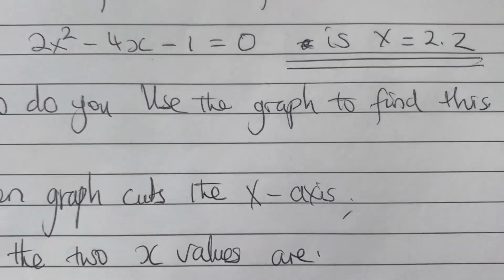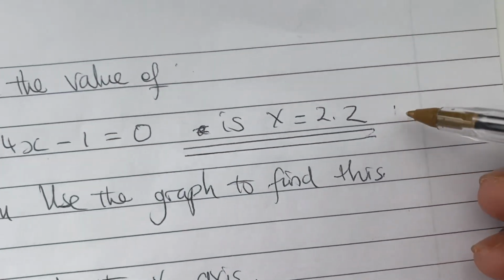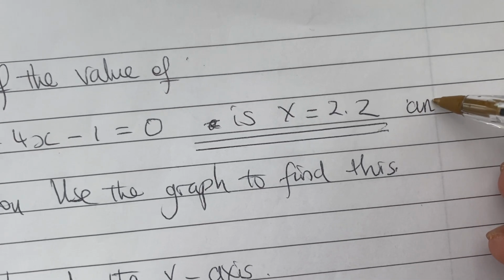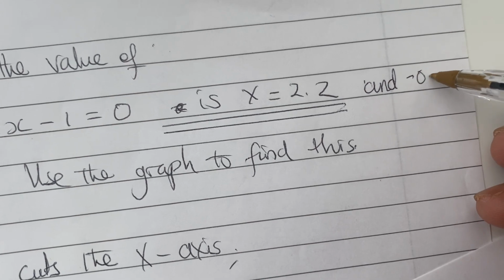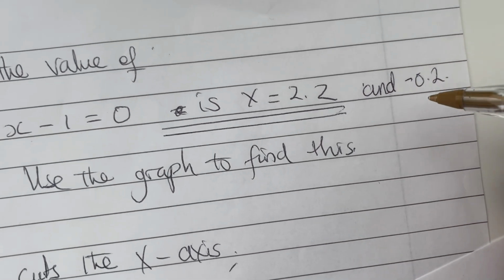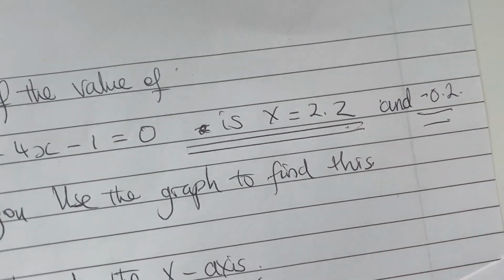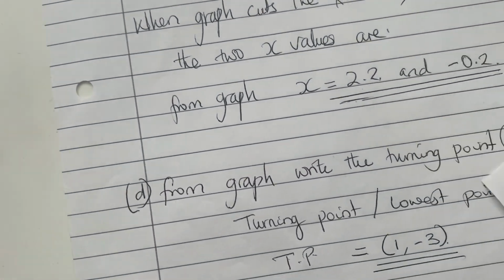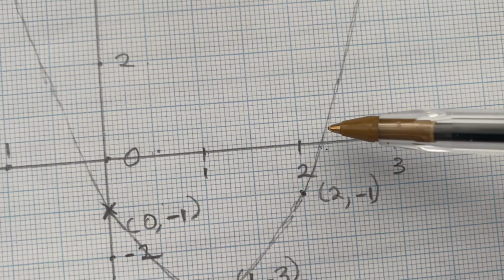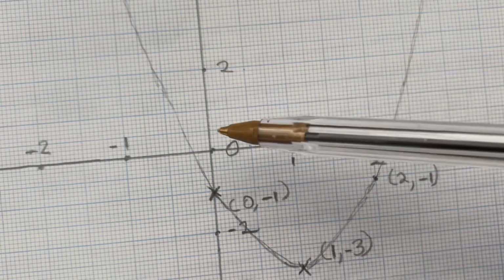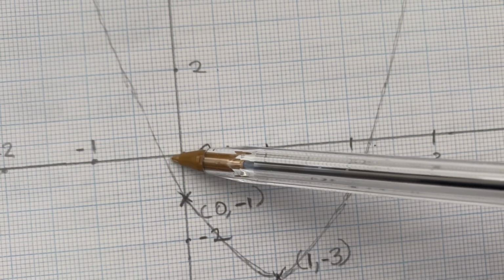So x will be 2.2, and you see, minus 0.2, because it's two values. So this is not just 2.2. So that would be 2.2 here. Okay. And that is the other point, minus 0.2.